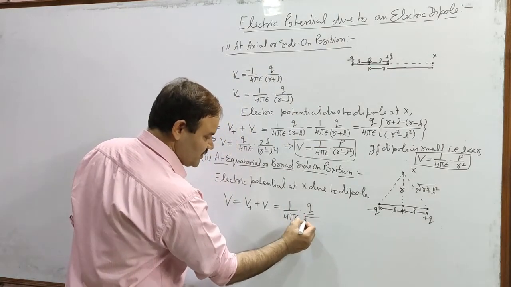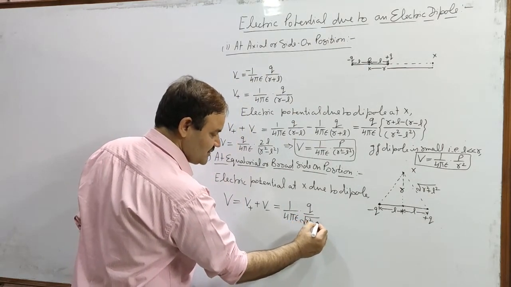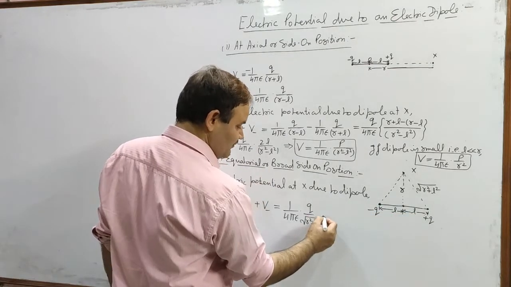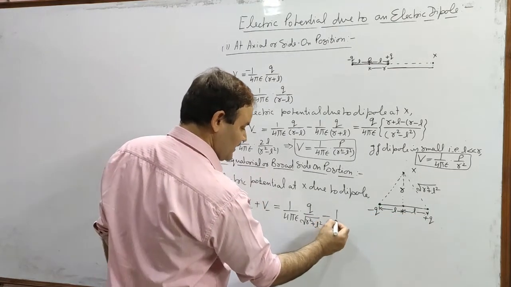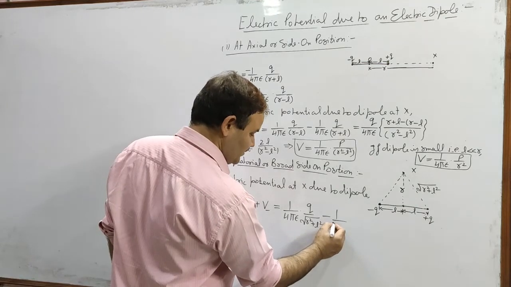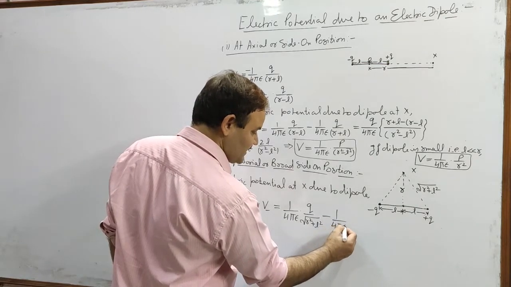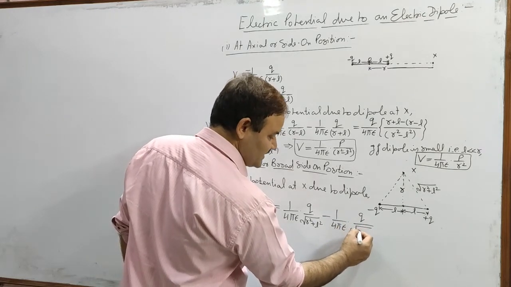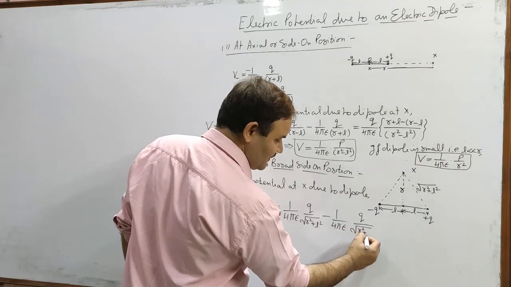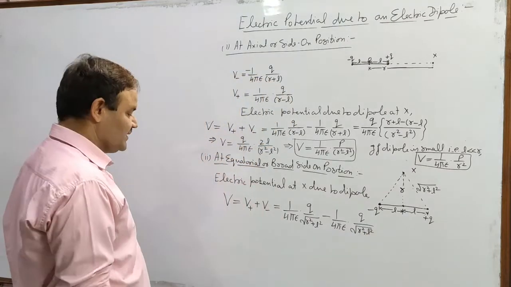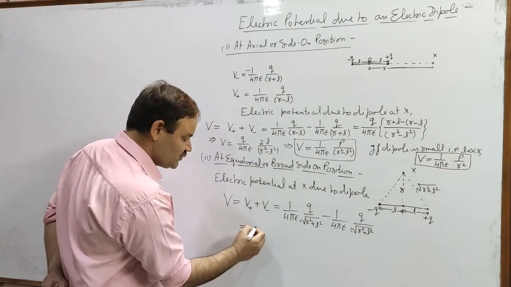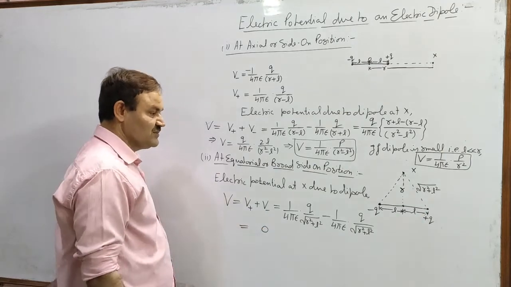And potential due to the negative charge will be negative, and the magnitude of this electric potential will be 1 over 4 pi epsilon q upon under root r square plus l square. This gives the total electric potential V is equal to 0.